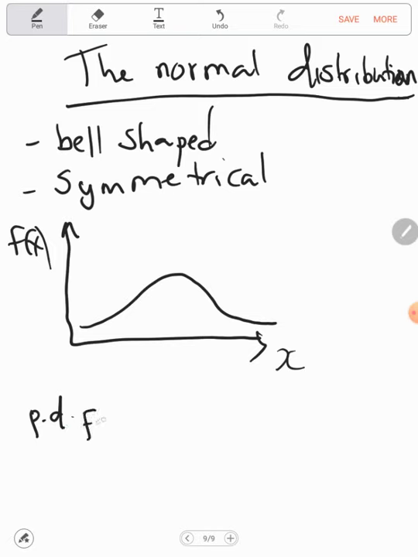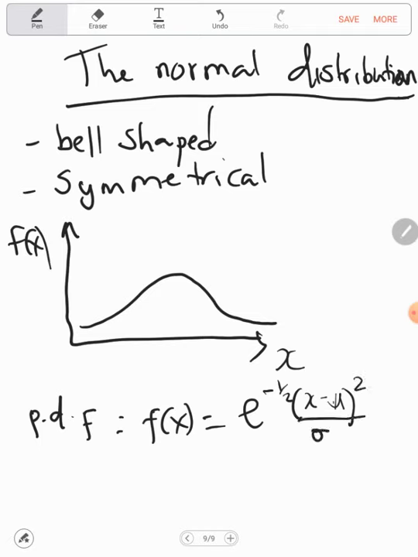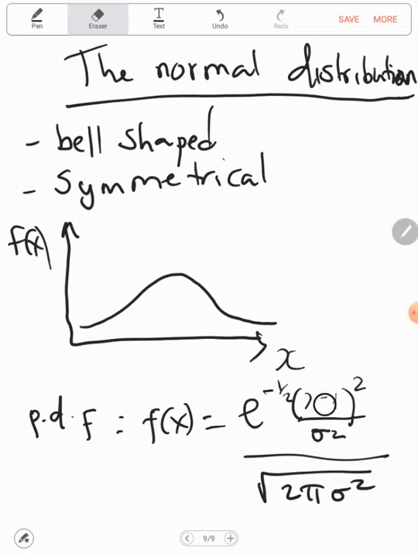That is the probability distribution function, f of x. f of x is given by this formula: e to the power minus half of x minus mu over sigma, squared, then over square root of 2 pi sigma squared.